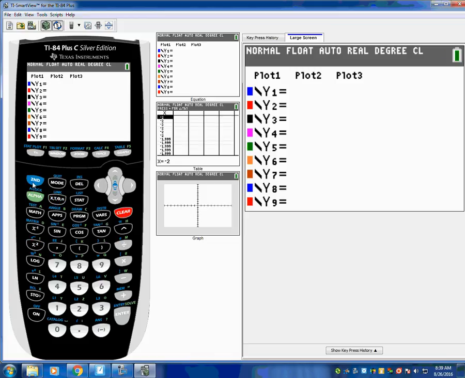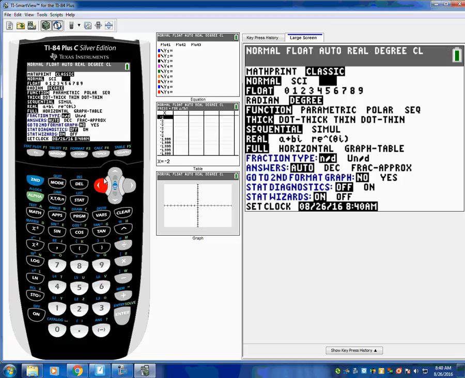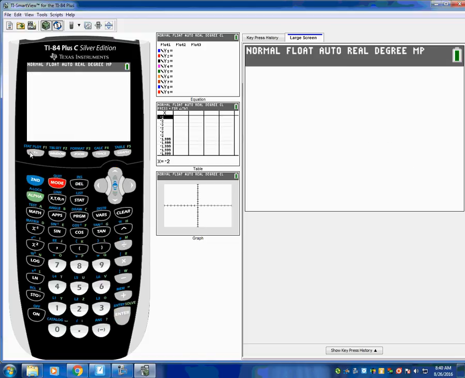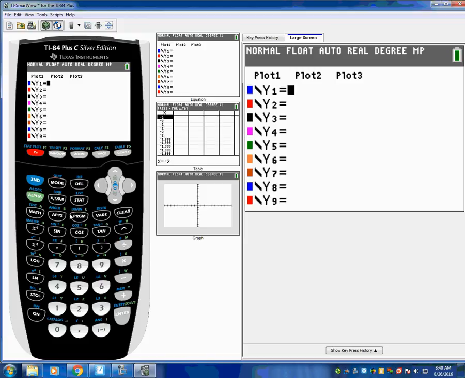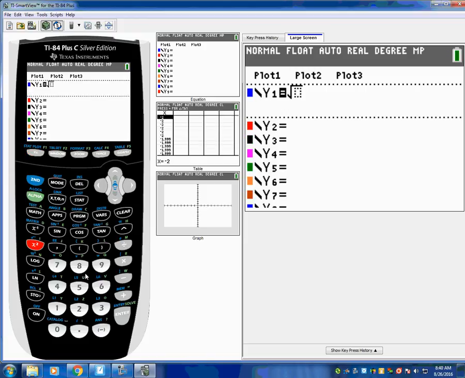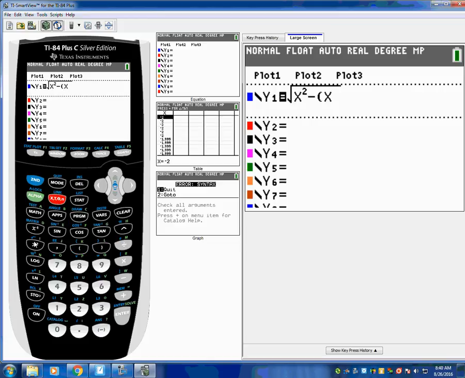Actually, I'm going to go back to my math type mode. Those of you in classic mode just have to use the parentheses. So second, square root of x squared, and then plus, in parentheses, x squared minus 8, and then squared.